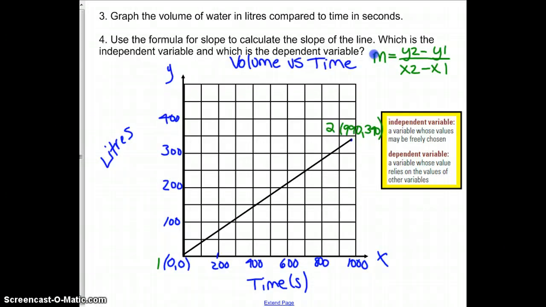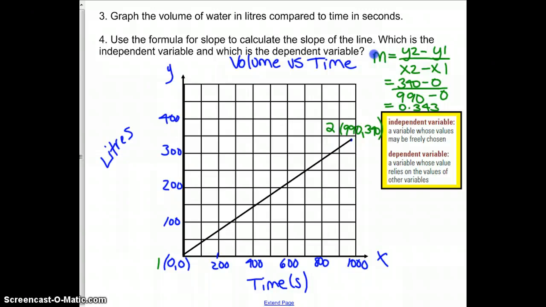So we have point 1 and point 2. So if we're going to plug that in here, our y2 value is 340 minus 0. Our x2 value is 990 minus 0. And if you type that into your calculator, what do you get for your slope? So your slope should be 0.343.